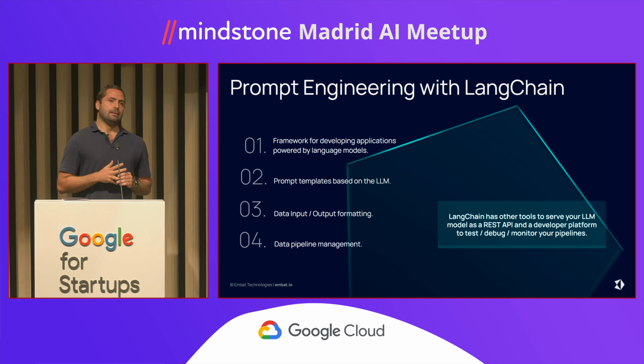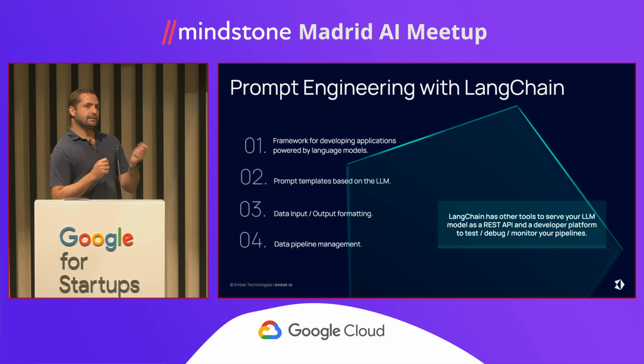You can pass via LangChain a BigQuery table or a CSV file. And with this library, you can format the data so the LLM knows what your data is about. So yes, this is the main tool we use for it.